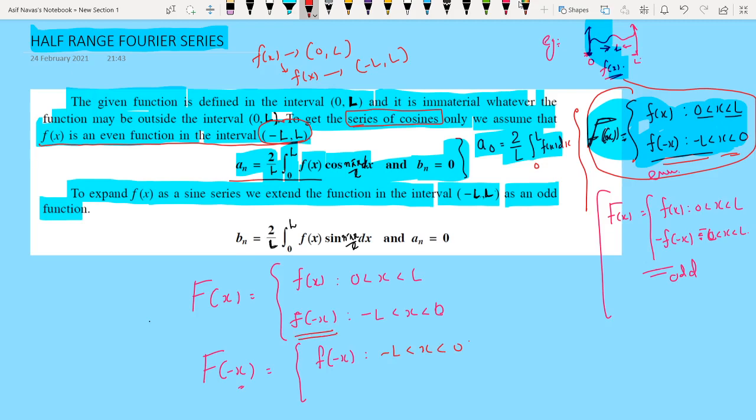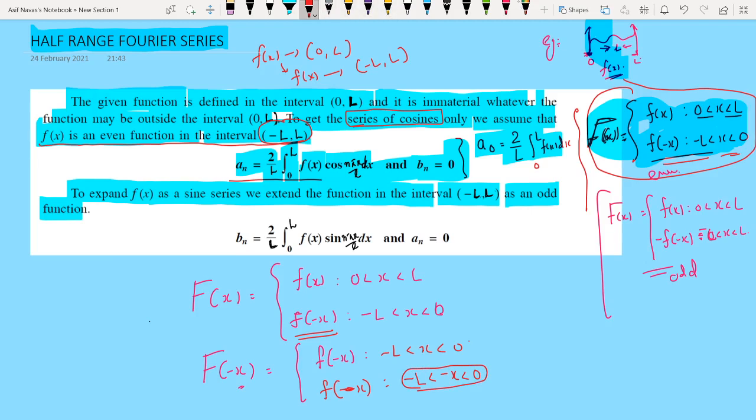Now if we apply minus x in place of x, we have minus L less than minus x less than 0. What does this mean?